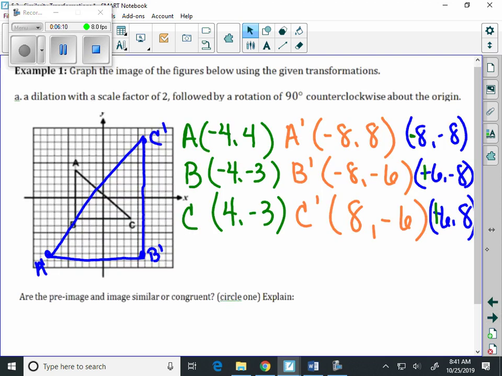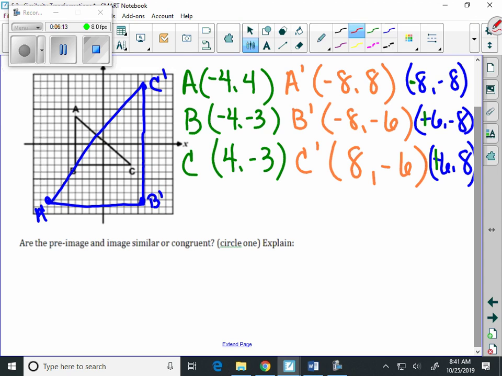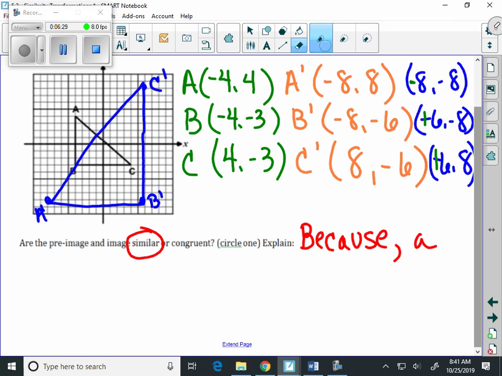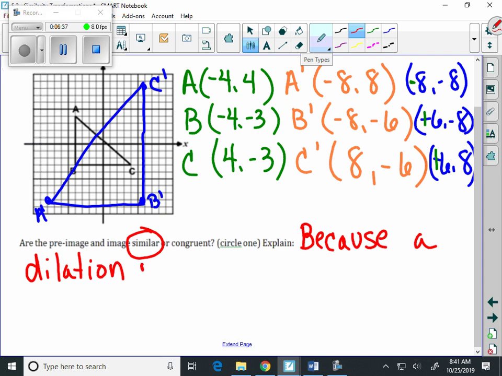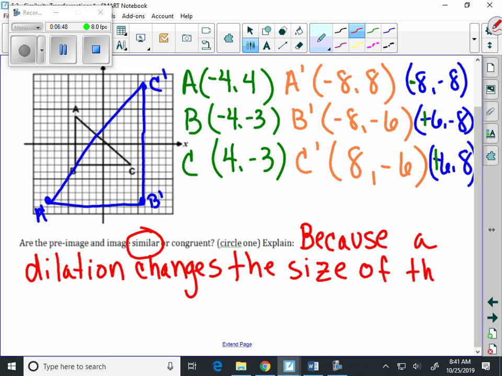And the way that we can explain that is they're similar because a dilation changes the size of the pre-image.